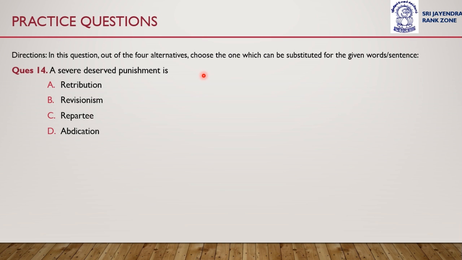A severe deserved punishment is called option A, retribution, option B, revisionism, option C, repartee, or option D, abdication.